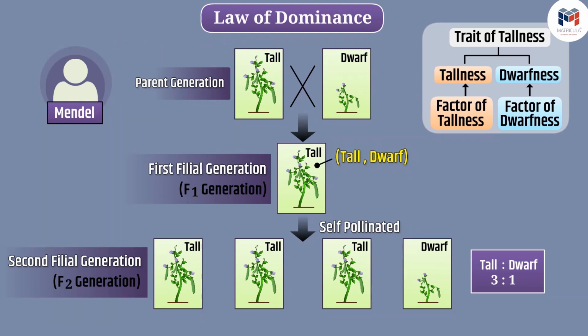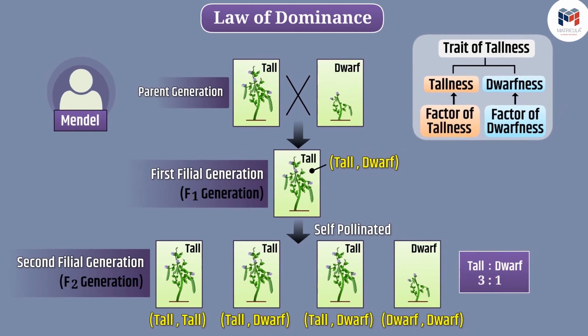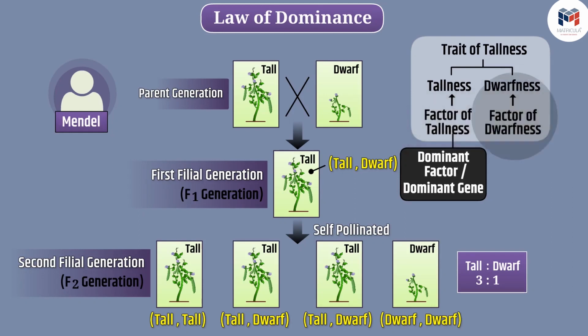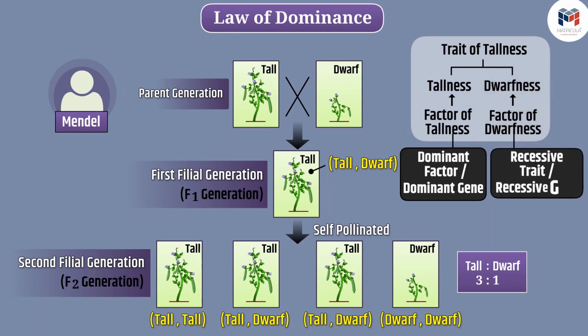If in the pair of factors the two alleles are different, then only one of the factors is allowed to get expressed. The factor that gets expressed is called the dominant factor or dominant gene, while the factor that remains idle is called the recessive trait or recessive gene.